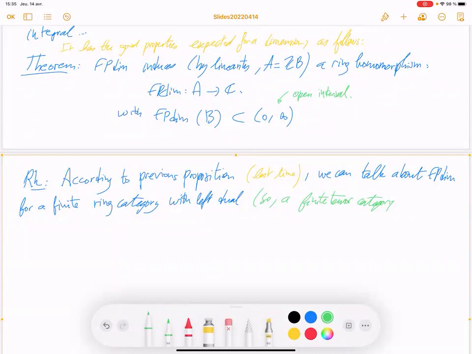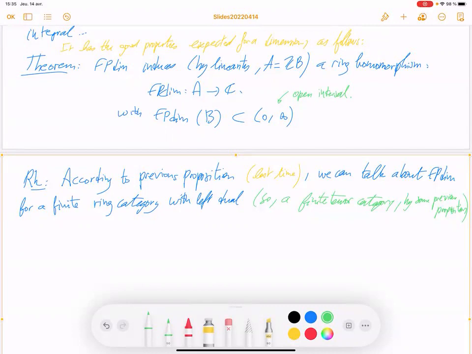I don't remember. In fact, this assumption implies that it's also a tensor category, if I'm not mistaken.